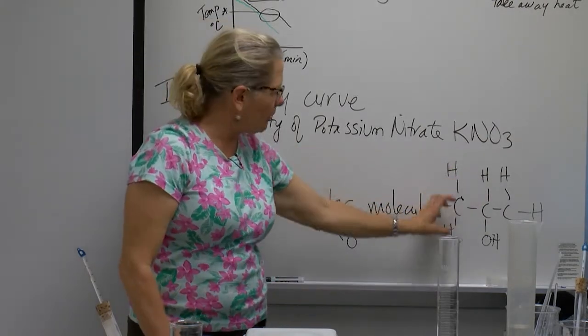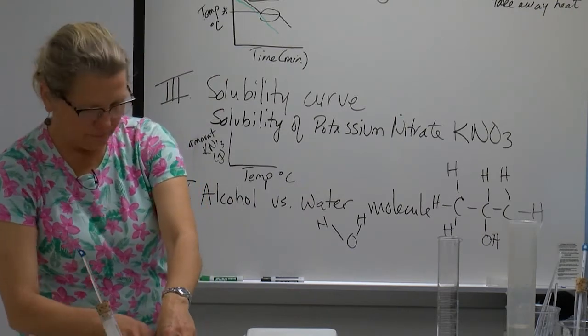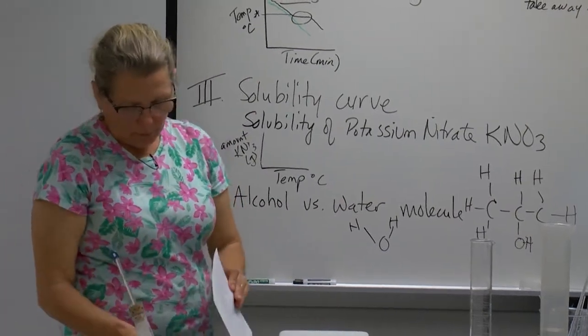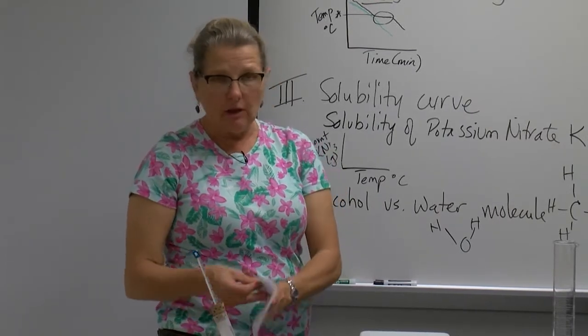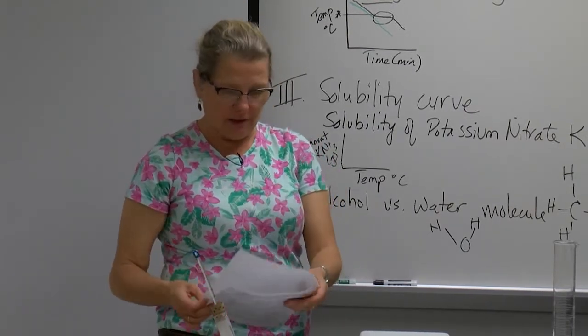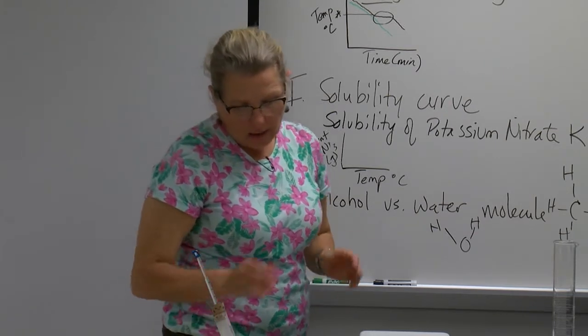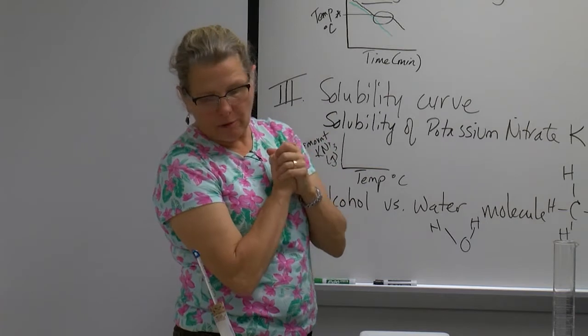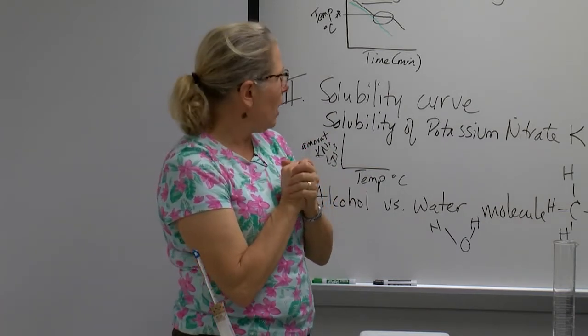That is the chemical formula for the alcohol. So the very last question in this lab talks about a situation where we've got alcohol, isopropyl alcohol, mixed with distilled water.